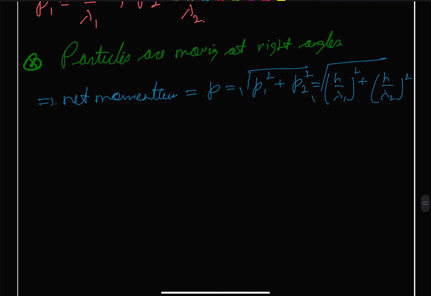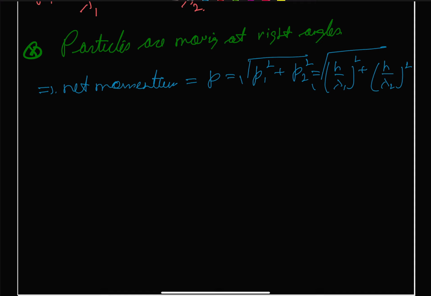And we can take h as common, so we get P is equal to h times square root of 1 upon lambda 1 square plus 1 upon lambda 2 square.